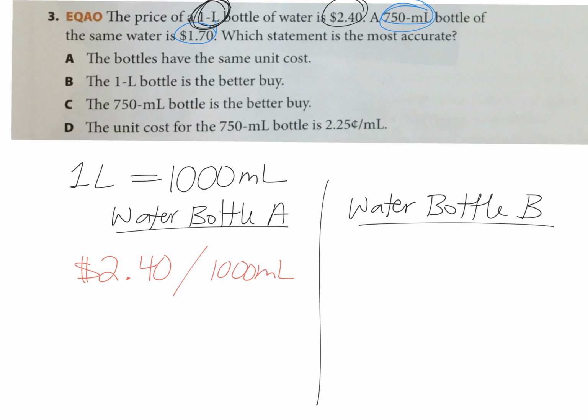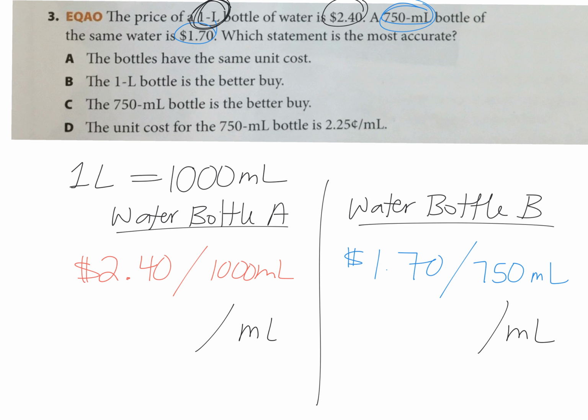For the second one, you pay $1.70, and you get 750 milliliters of water. We need to figure out the unit price. How much does it cost for 1 milliliter?